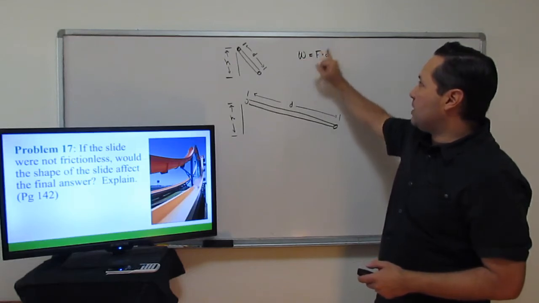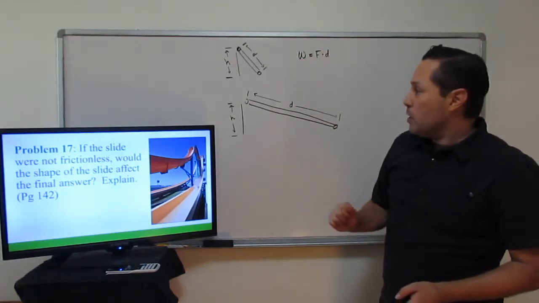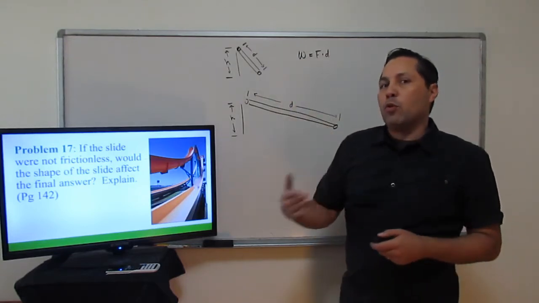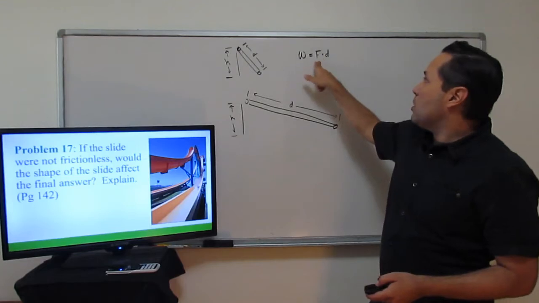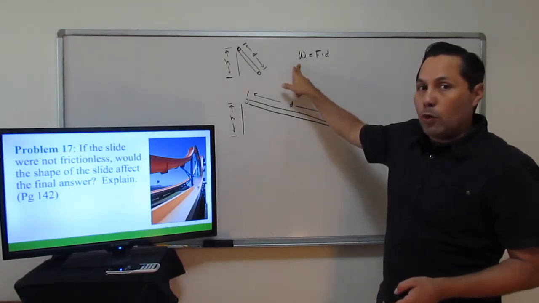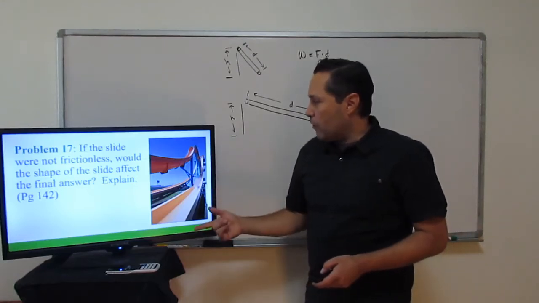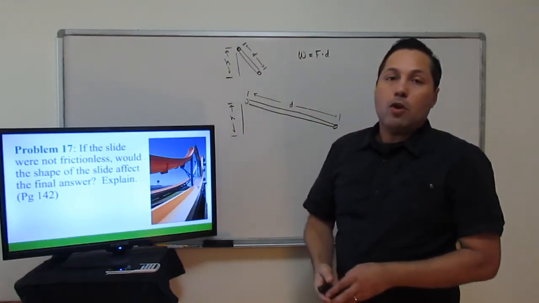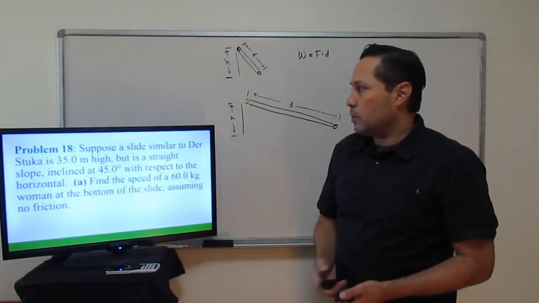Since we're increasing the distance, we're also increasing the amount of work that friction is doing on them. So therefore the shorter slide will give you more velocity. The longer slide, there'll be more friction because there's more distance, so the friction will be able to do more work, and therefore you will go slower. So yes, the shape does affect it if there is friction.